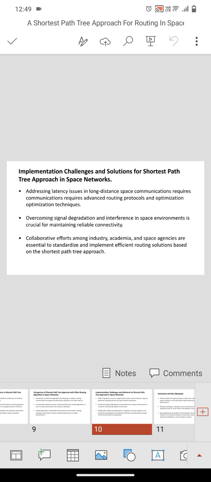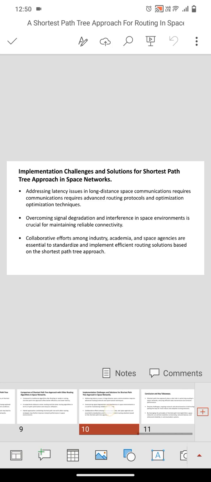Collaborative efforts among industry, academia, and space agencies are essential to standardize and implement efficient routing solutions based on the shortest path tree approach. These are the implementation challenges and solutions for the shortest path tree.